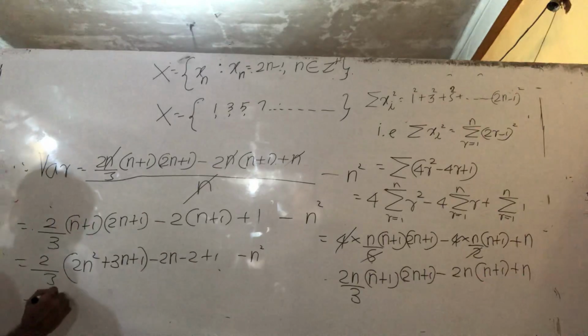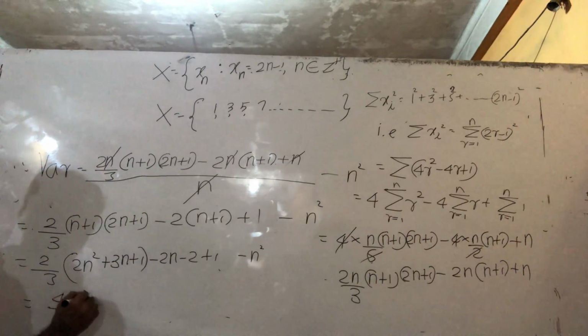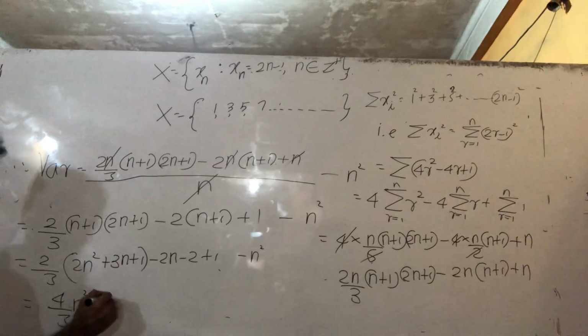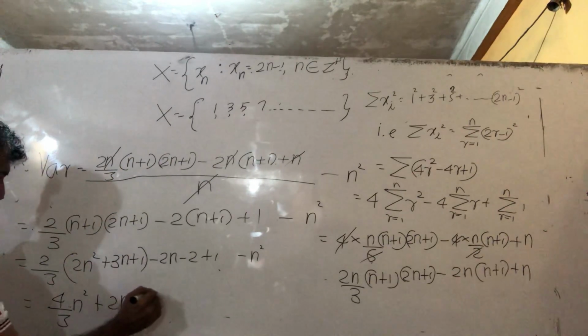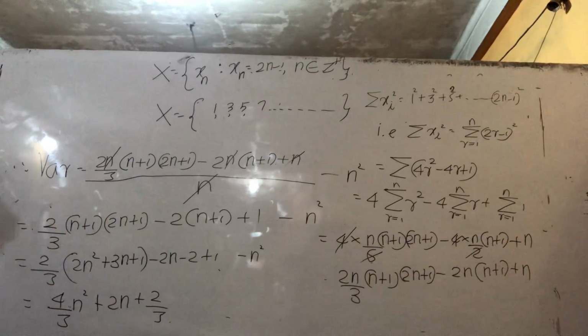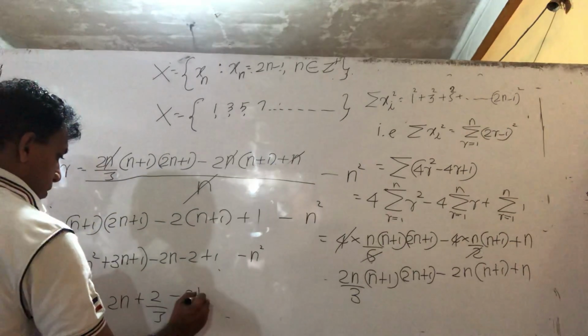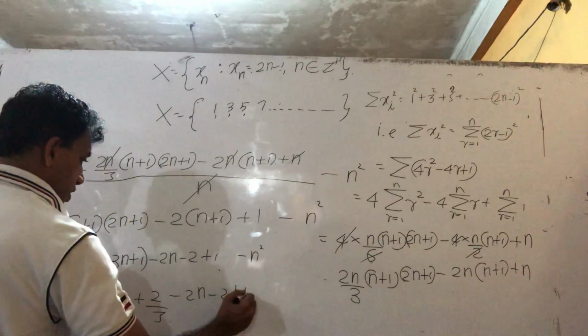Multiply the bracket: 4/3 n square plus 3 cancel, 2n plus 2/3. Okay, minus 2n minus 2 plus 1 minus n square.